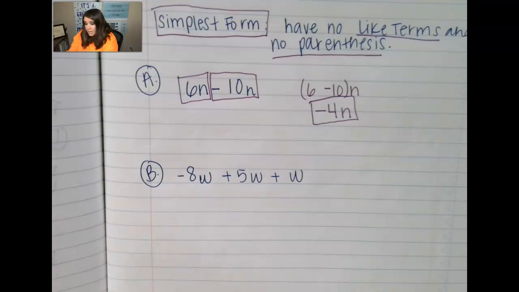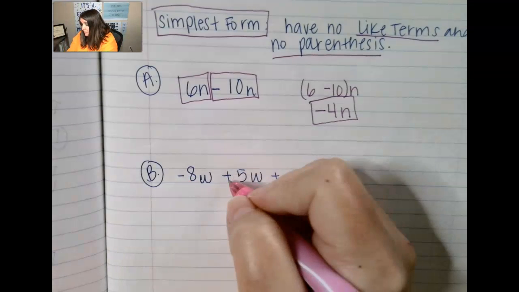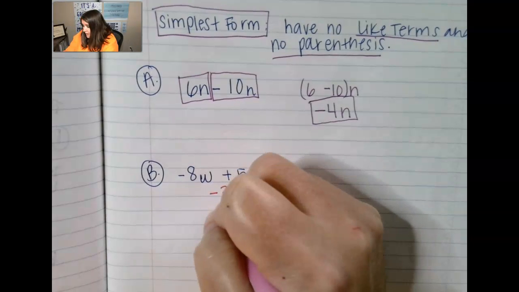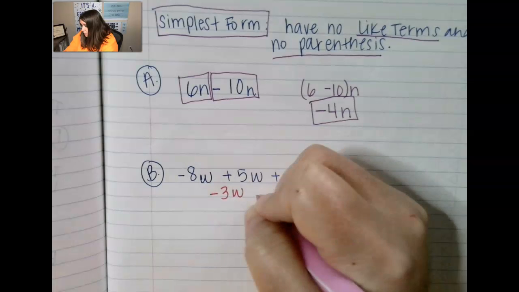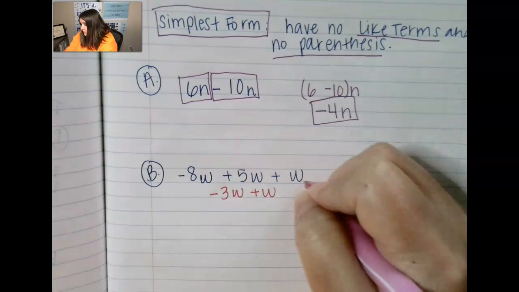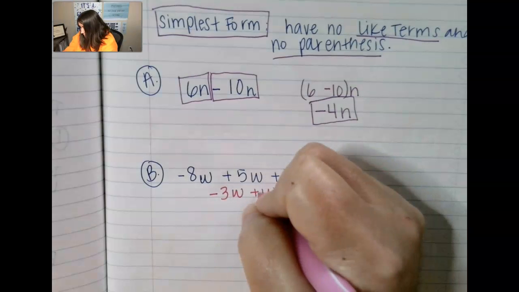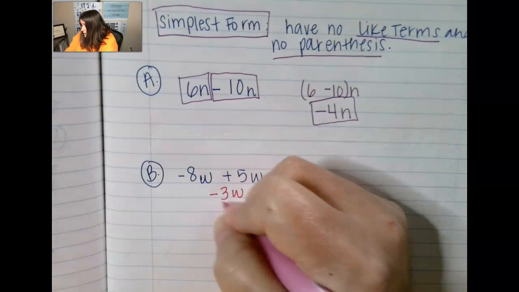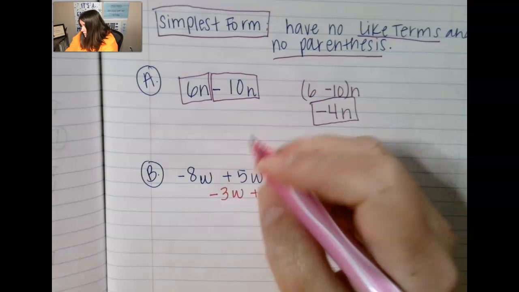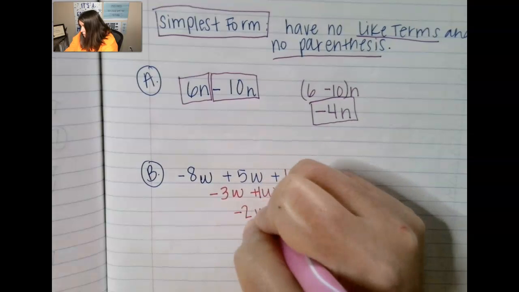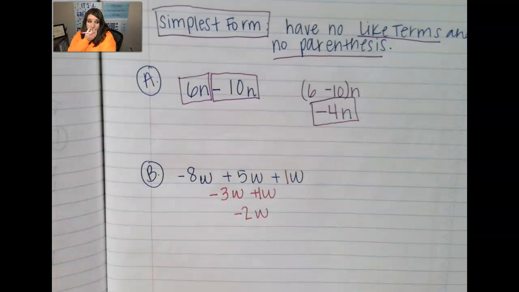So here, I have negative 8 and I add on 5. So I now have negative 3W plus this W here. Well, this W is like saying I have 1W. So negative 3 plus 1 is negative 2W. So I have negative 2W.